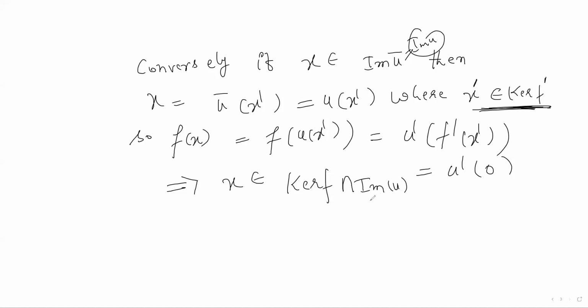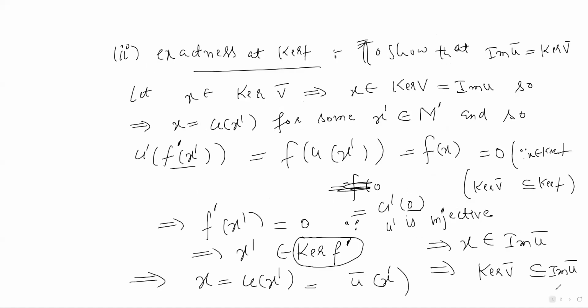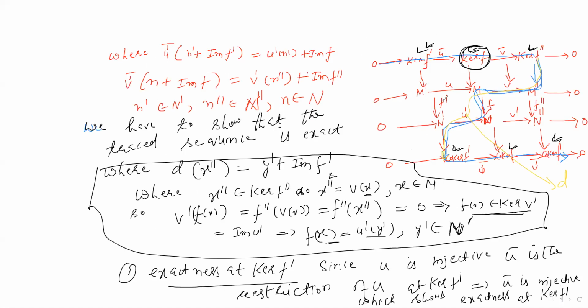Now, image of u is same as kernel of v, which is equal to kernel of f intersection kernel of v. Now kernel of f intersection kernel of v is nothing but kernel of v bar, है ना, क्योंकि v bar आपका जो है वो kernel of f से मैप है. So kernel of f intersection kernel of v is kernel of v bar.